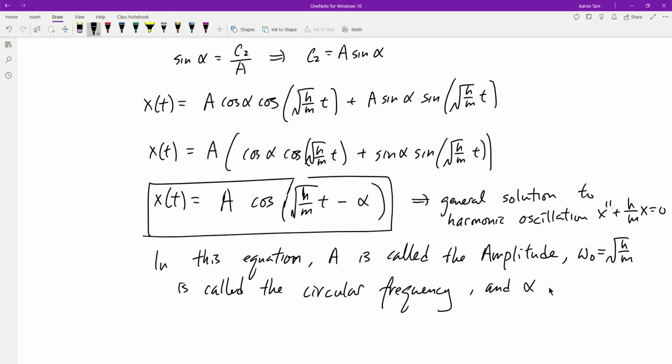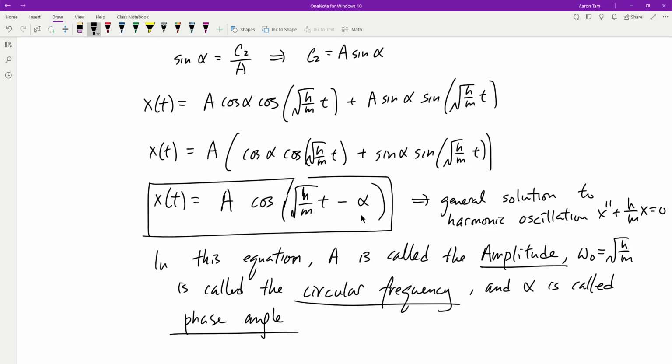And the angle alpha is sometimes called the phase angle. If you remember learning in Algebra 2, the angular frequency is sometimes referred to as just frequency, and the phase angle is sometimes referred to as a horizontal shift or phase shift.